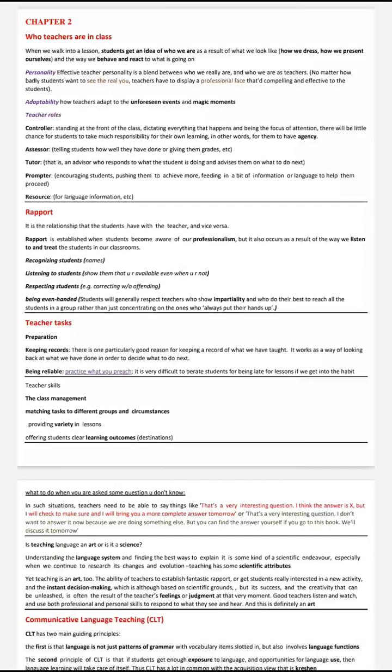Researcher: for language information, etc. So, we learned in this chapter who teachers are in class: controller, assessor, tutor, prompter, and researcher.